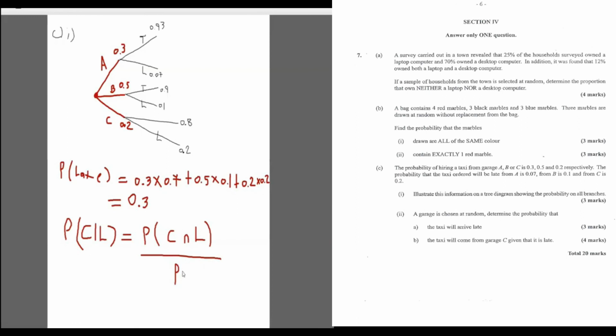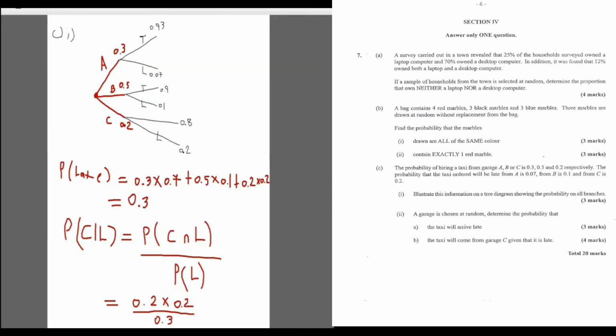So what that means is the probability of us choosing taxi C and it coming late. The probability of choosing taxi C is 0.2 times the probability of it being late, which is also 0.2, and then we divide it by the probability of the taxi being late, which was 0.3.